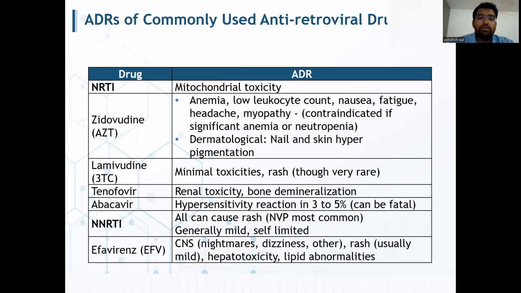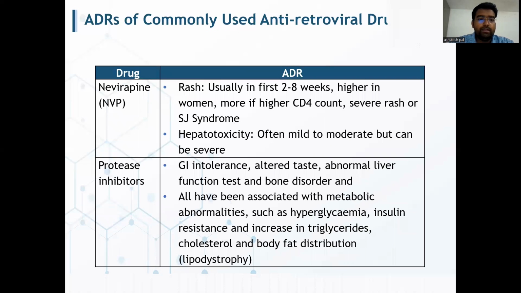These are the common ADRs of commonly used antiretroviral drugs. NRTIs can cause mitochondrial toxicities. NNRTIs all can cause rash, most commonly caused by nevirapine, generally mild and self-limiting. Protease inhibitors have issues with GI tolerance, altered taste, abnormal liver functions, and bone disorders.